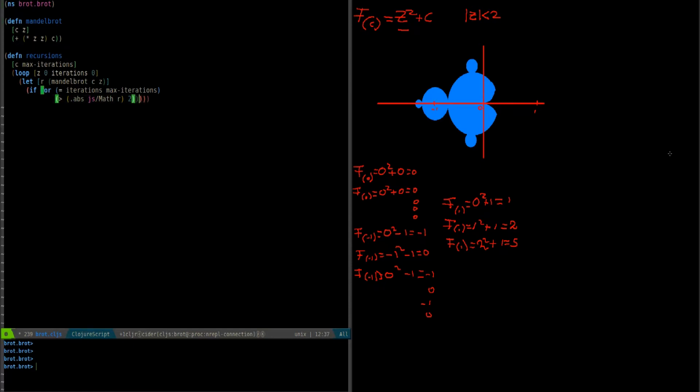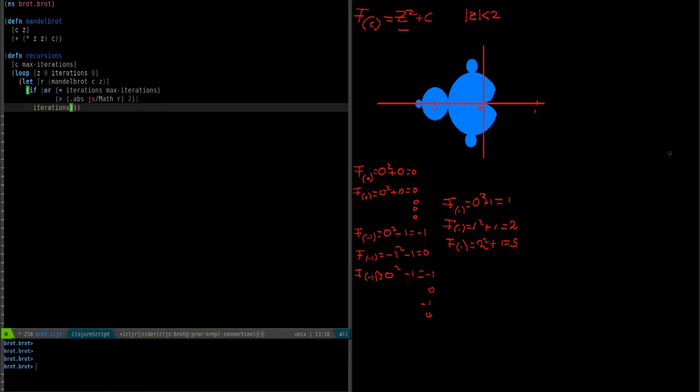In either one of these cases, the function should return the number of iterations, so it can decide the color of red that is shown in the 2D grid. So we return the number of iterations.